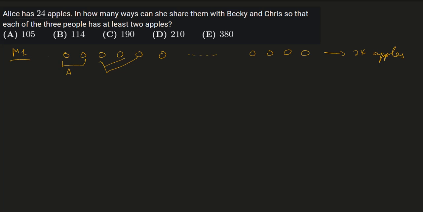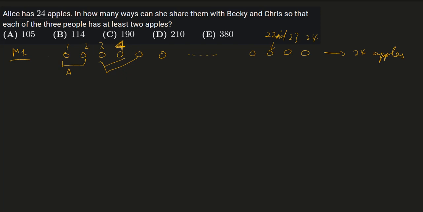Okay, so Becky can get from 2 all the way to here, right? So let's say this is the 4th apple: 1, 2, 3, 4. So if Becky gets the 3rd and the 4th, all the way up to the 22nd, and this is the 23rd and 24th, right?